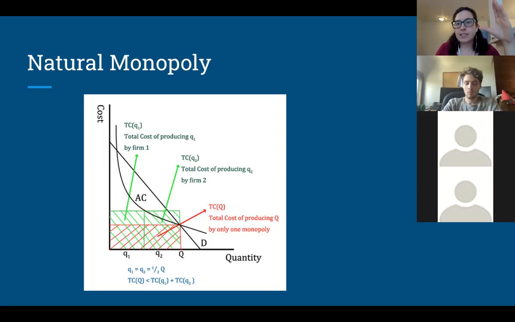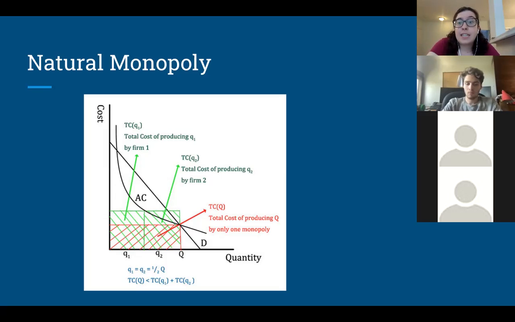Natural monopolies are things such as electrical companies. Doing the power lines and all of that is really, really expensive, but the individual supply of electricity is so much less, so a lot of these are owned by co-ops or by the government. The United States Postal Service is another great example.